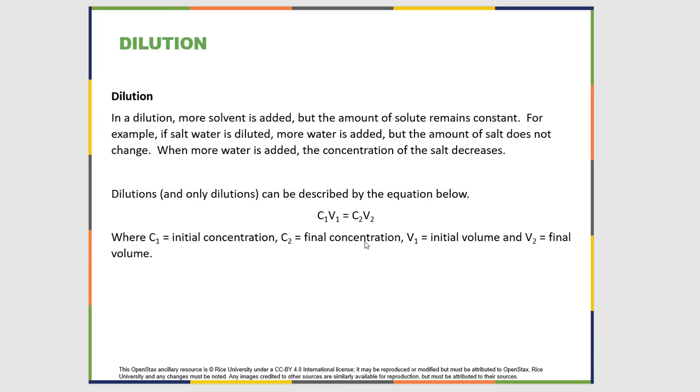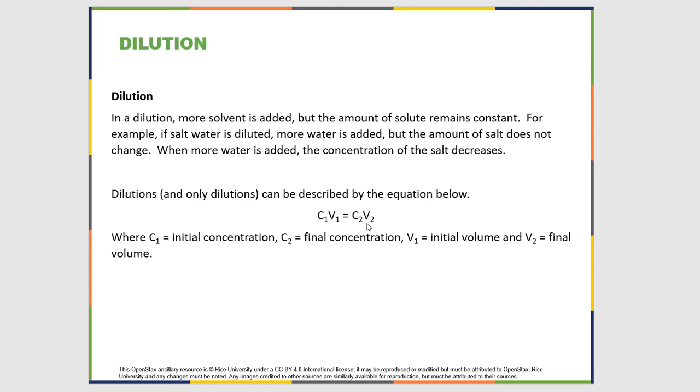And the quantitative way to deal with this is the equation C1V1 equals C2V2, where C1 is the initial concentration, C2 is the final concentration, V1 is the initial volume, and V2 is the final volume. In a dilution, we're simply adding more solvent.